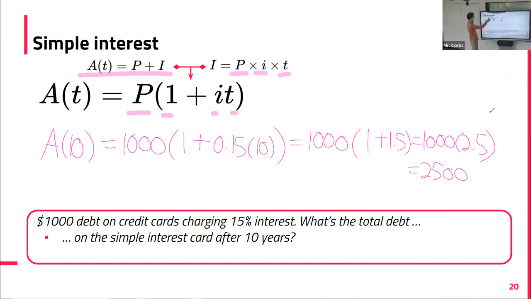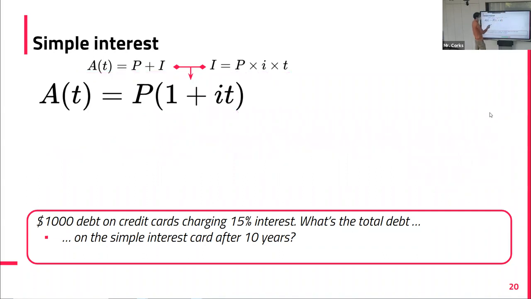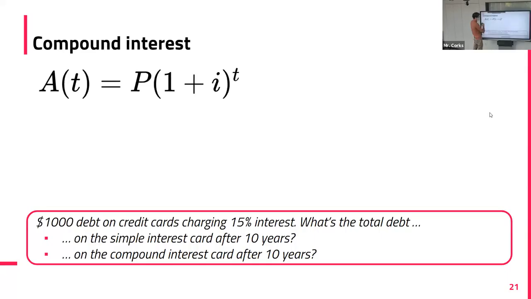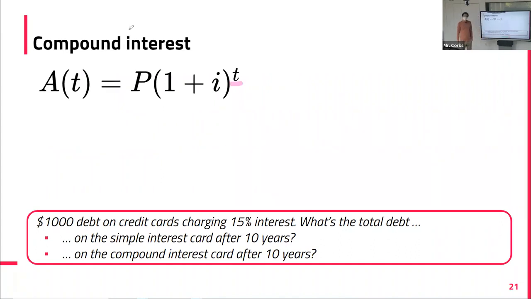All right, so that's the simple interest formula. And the other type, take a careful look at this formula. And now this one. What's different? The T. The T is now an exponent and it is outside the brackets, not inside the brackets.